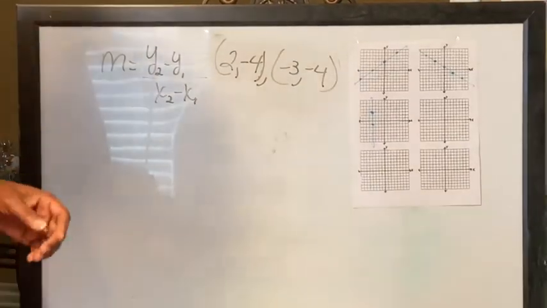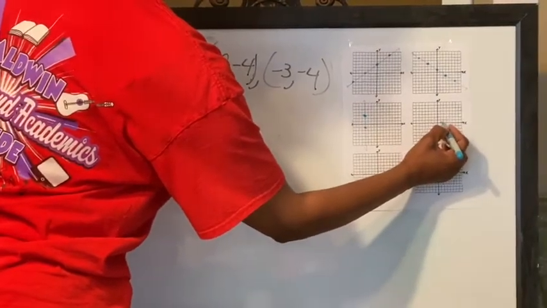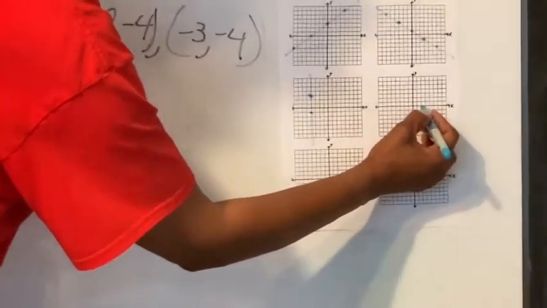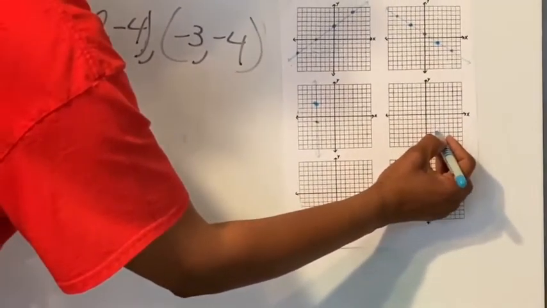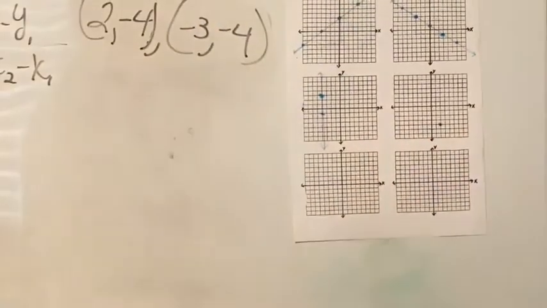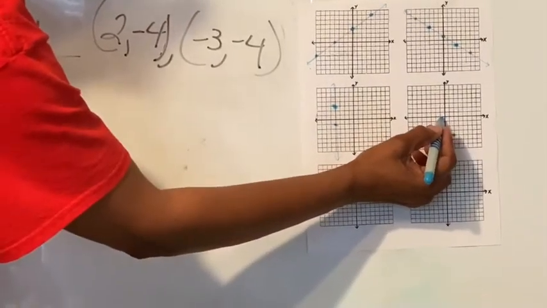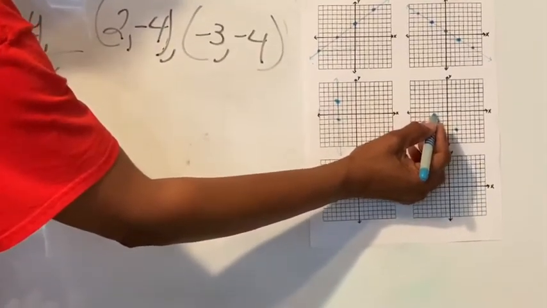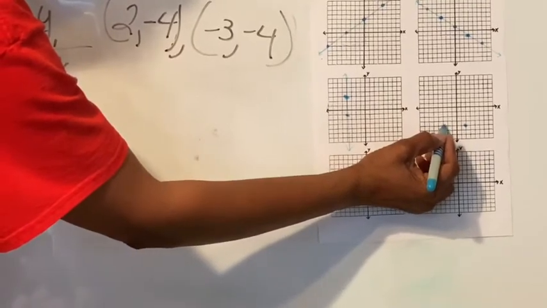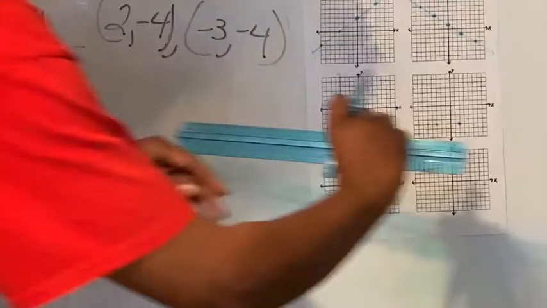So I'm going to graph. As I graph, I'm going to go to my right, 1, 2, then I'm going to go down, 1, 2, 3, 4, and put me a dot. I'm going to graph that second ordered pair. Go to the origin, go over to my left, 1, 2, 3, go down 4. And now I'll take my straight edge and I'll draw my line.